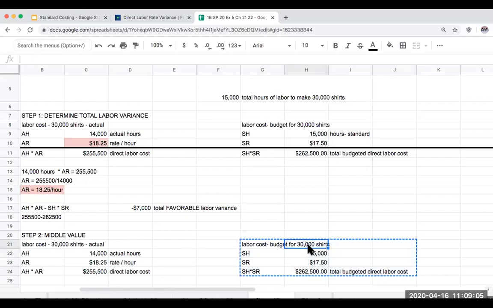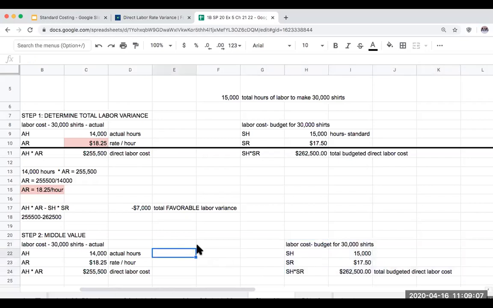I'm going to be putting in my middle value, which is going to be my actual hours times my standard rate. My actual hours were 14,000. My standard rate was $17.50 per hour.